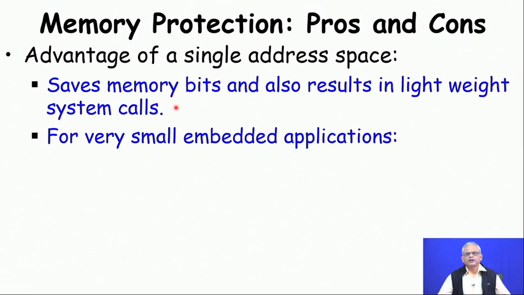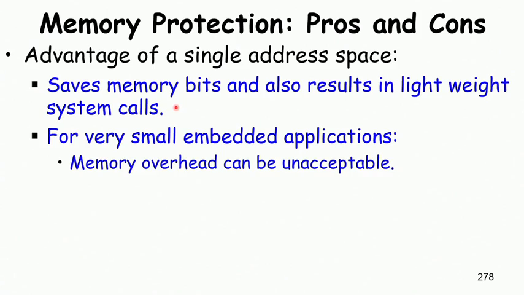For very small embedded applications which require only one or two small tasks which the programmer can easily manage, memory protection may be done away with. But for applications having many tasks, it becomes very difficult to work without memory protection.